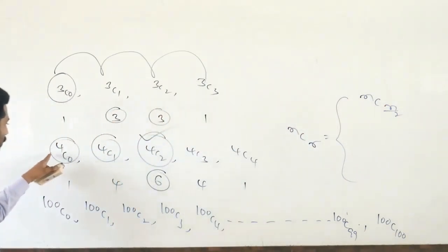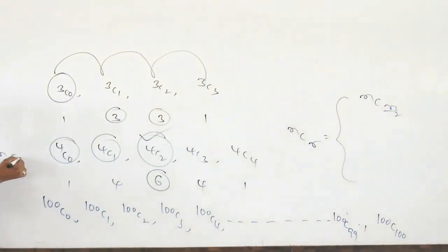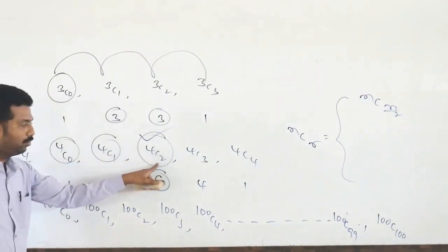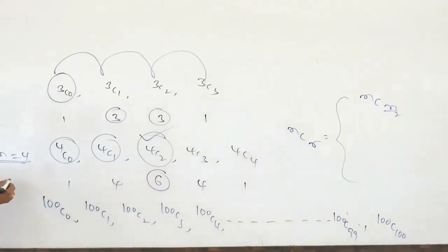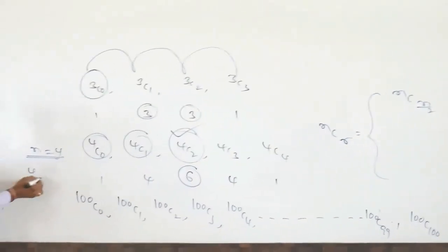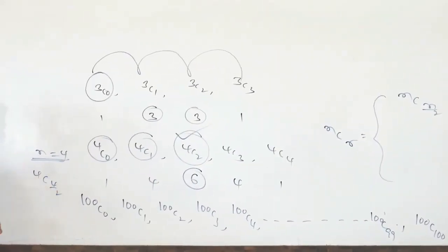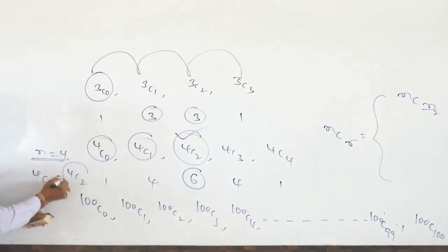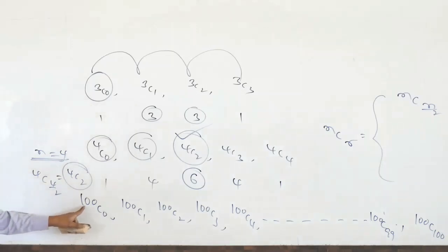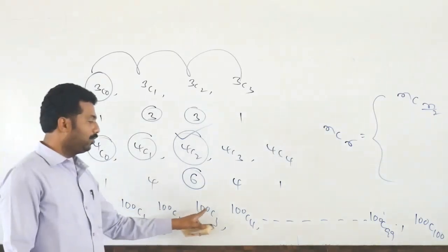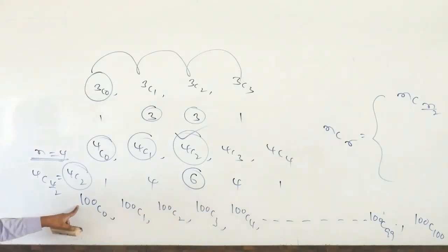Check here: this is n equal to 4, so the largest is 4C2. How did you get 4C2? The formula is nC(n/2), so 4 by 2 means 2, that is 4C2. Similarly 100C0, 100C1, 100C2, 100C3. This is the n even case.